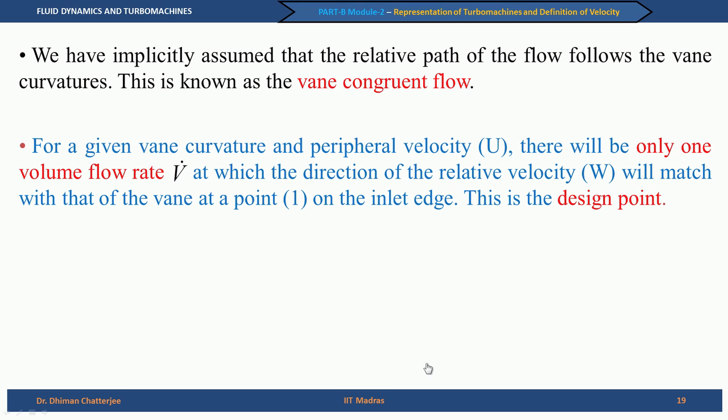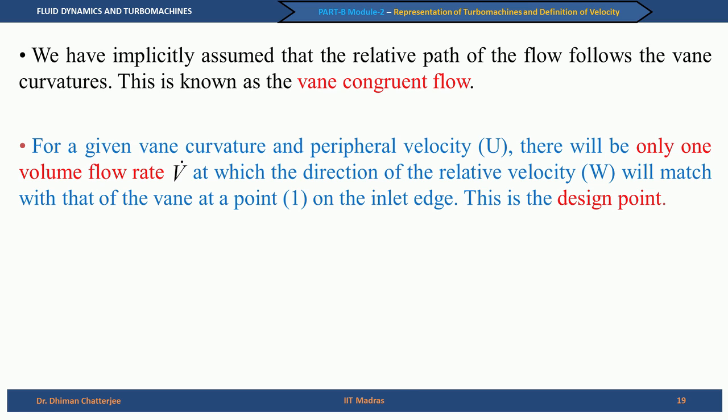So, right now I assume that the particles follow the vane curvature, which is known as the vane congruent flow. For a given vane curvature and peripheral velocity U, there will be only one volume flow rate V dot, at which the direction of the relative velocity W will match with that of the vane at point 1 on the inlet edge.